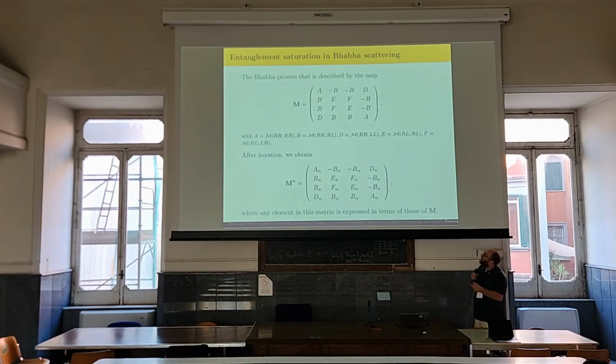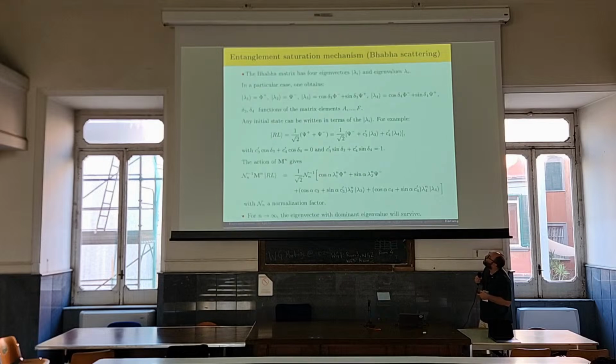And this is only the Bhabha scattering form of the matrix, the functional structure of our Bhabha scattering matrix. As I said, the relations between the matrix elements are the same, no matter how many scatterings you do. And the heart of the mechanism is the following.